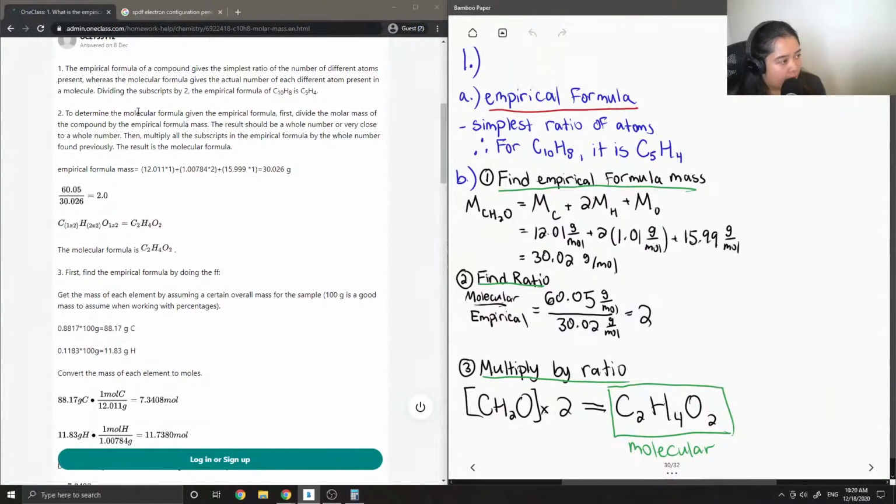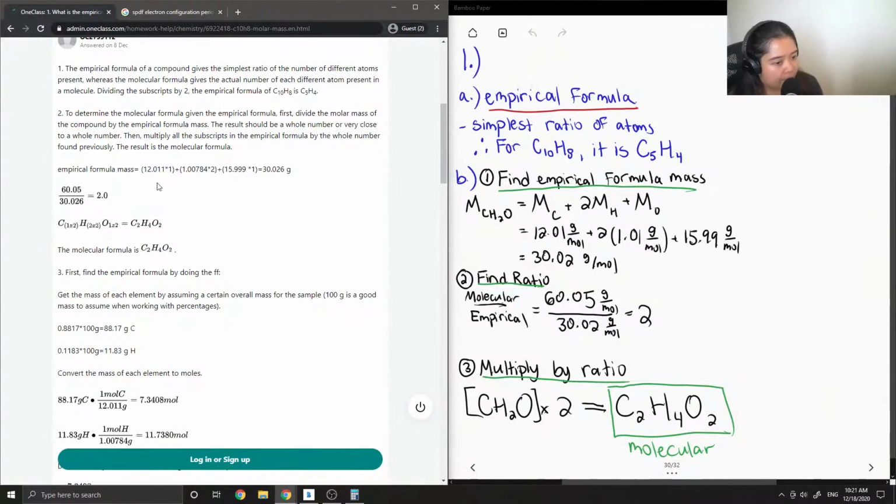To determine the molecular formula given the empirical formula, first divide the molar mass of the compound by the empirical formula mass. The result should be a whole number or very close to a whole number. Then multiply all the subscripts in the empirical formula by the whole number found previously. The result is the molecular formula.